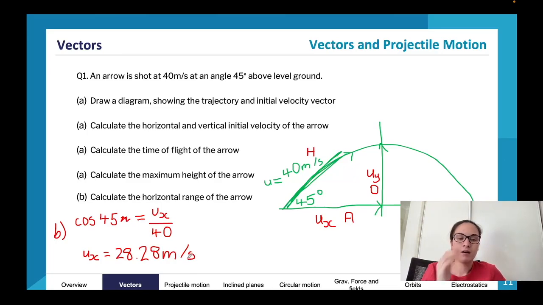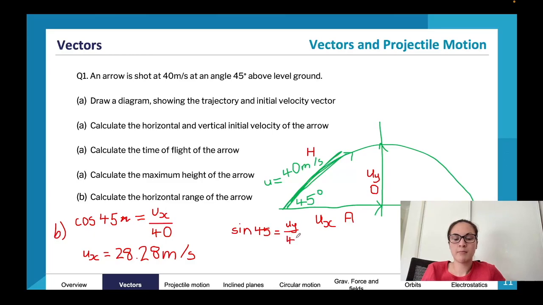Okay? And now it's going to be very similar for UY, but this time we're dealing with opposite and hypotenuse, so we're going to use sine. So sine 45 is equal to UY over 40.